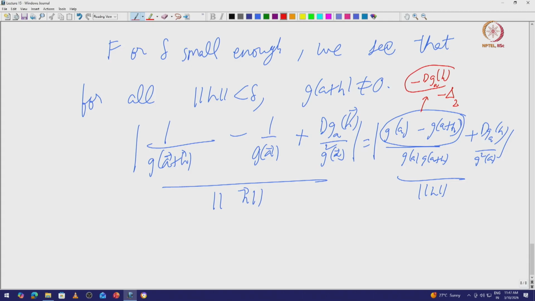Then we have this term and this term, and this must be compared with this. Now, when h is small enough, g of a plus h is very close to g of a, which is what we will use. Same thing here, delta 2: when you have g of a and g of a plus h, notice g of a plus h is not 0 as long as h is small enough. So this really doesn't affect anything, and delta 2 divided by norm h goes to 0, right?